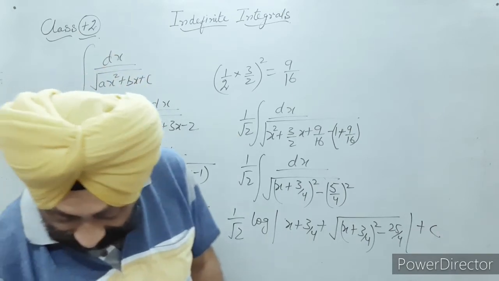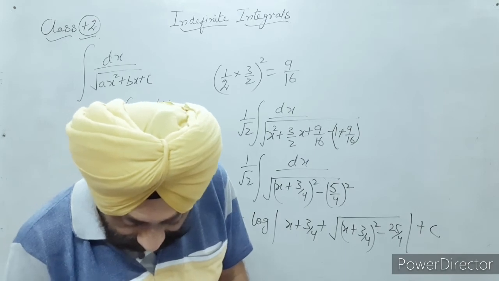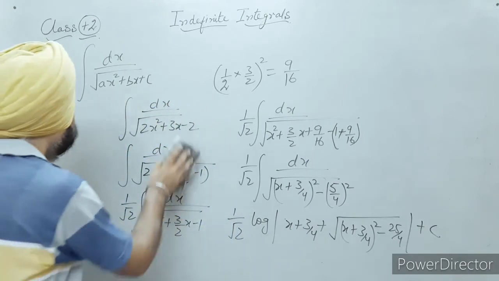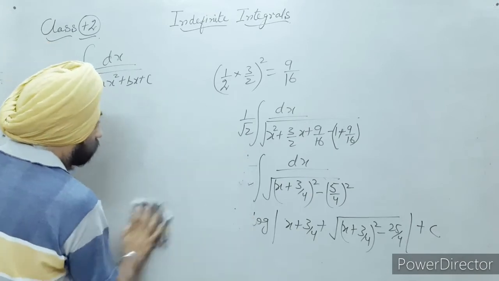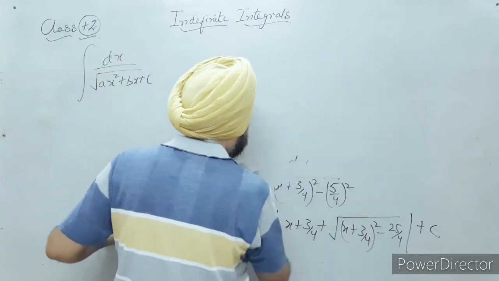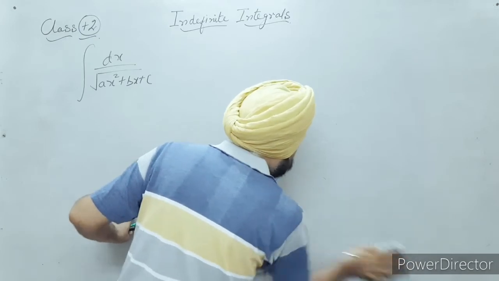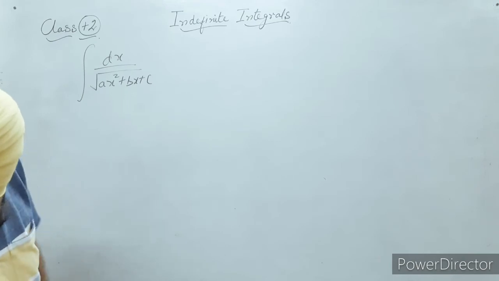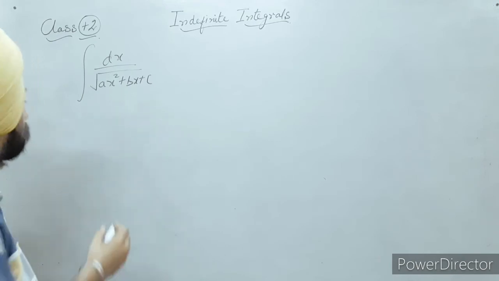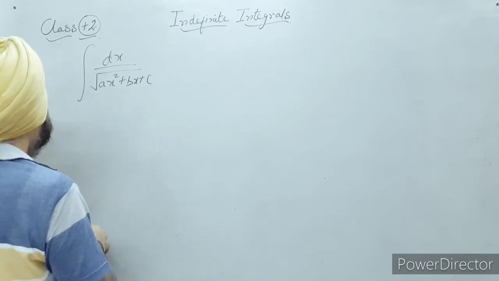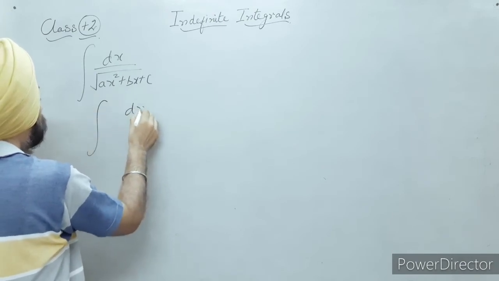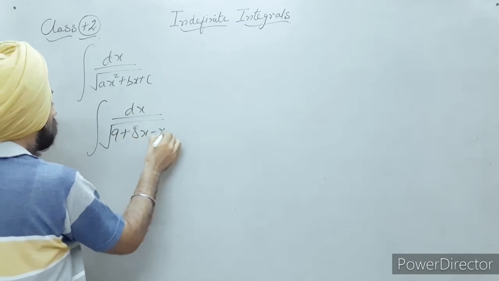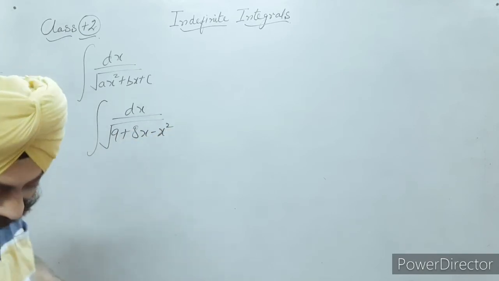Now the last question of this lecture I would like to do is this question, right? It is dx upon under root of 9 plus 8x minus x square, right?